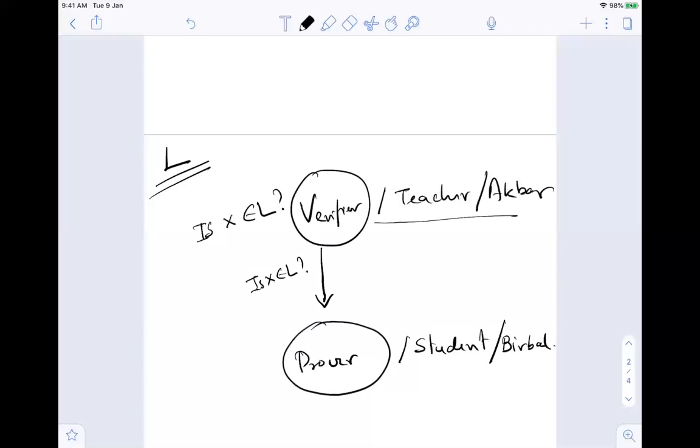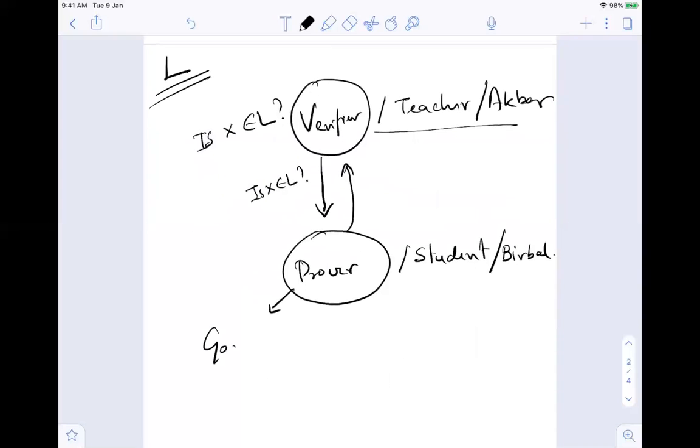Now, of course, the prover, or the student, or Birbal, wants to cheat. That is something that everybody who is trying to prove something tries to do. So the prover will reply back. What is the prover's goal?